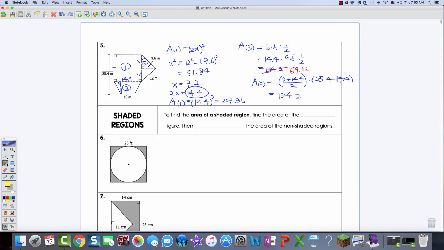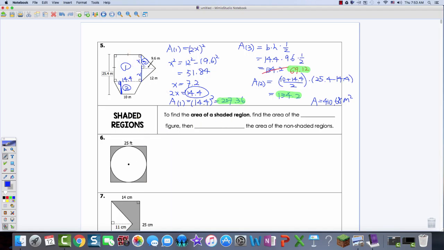Now you just need to add the first area, which is here, second area, third area. Add them together. Your final answer should be 410.68. And that's square meters. Okay, so that's how you calculate the composite figures.